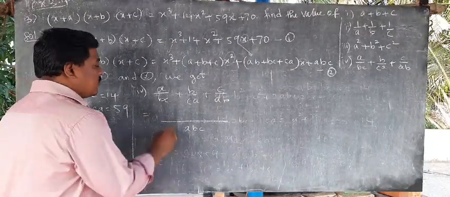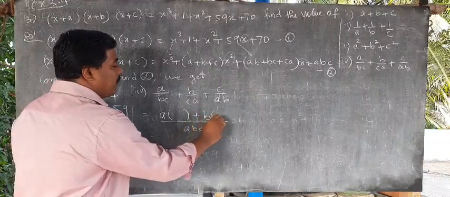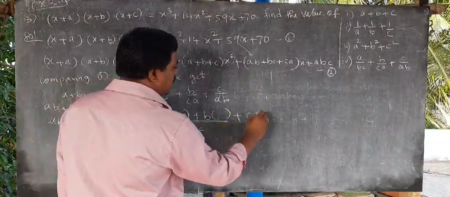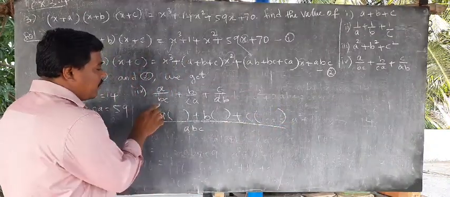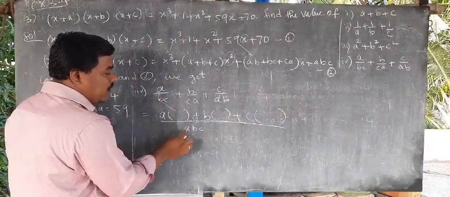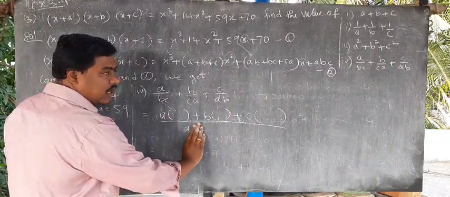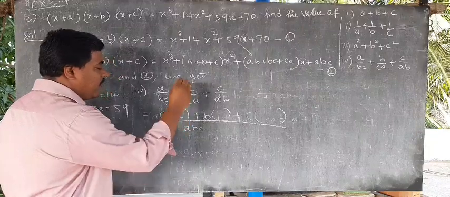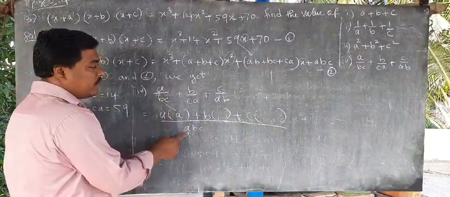So in the numerator we have A, I put a bracket, B plus C. Now here BC, here ABC, the remaining term is A. So we put A, that is BC into A, ABC we are getting.